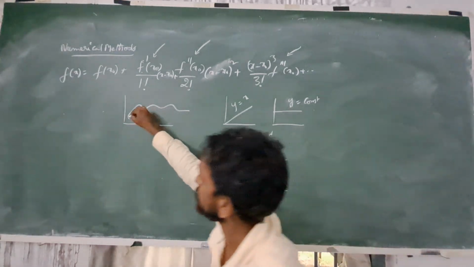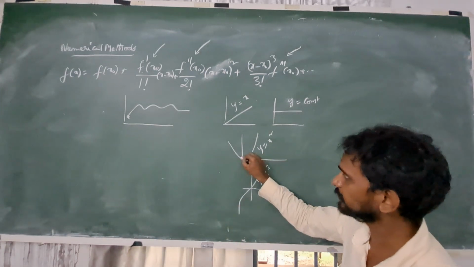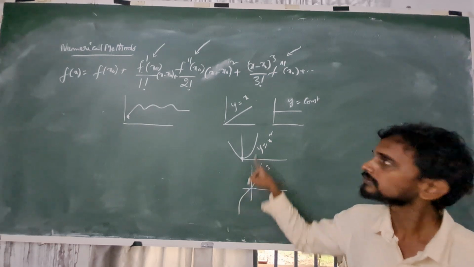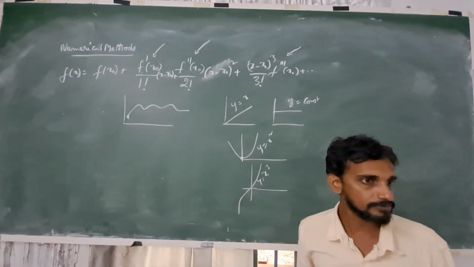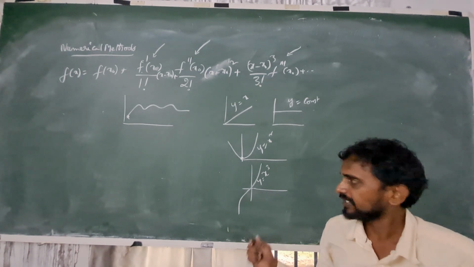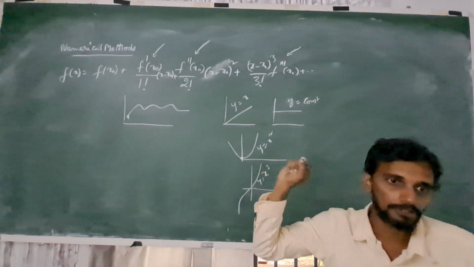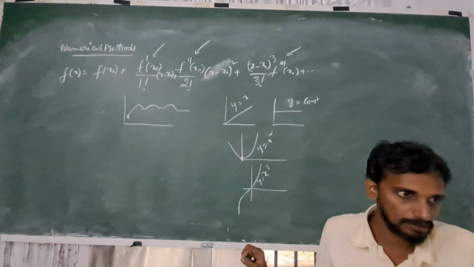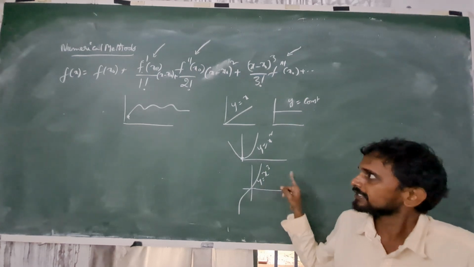If you know the slope of the graph at a particular point, if I know whether it is functioning as x square or x cube or x or constant, I should be able to predict the future of the graph. Right? So the basic information needed is the slope of the curve at a particular point. First derivative, second derivative, fifth derivative, nth derivative of the function at a particular point. If that information is known, you will be able to predict its future.